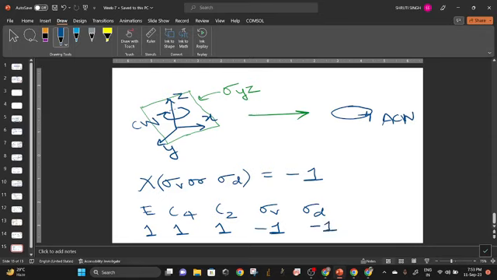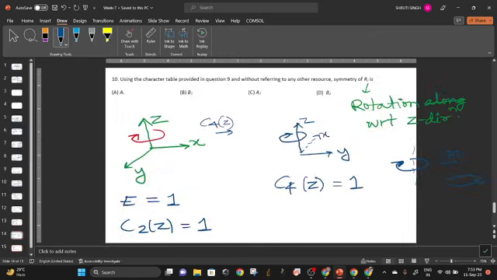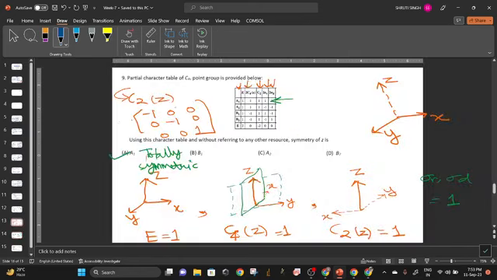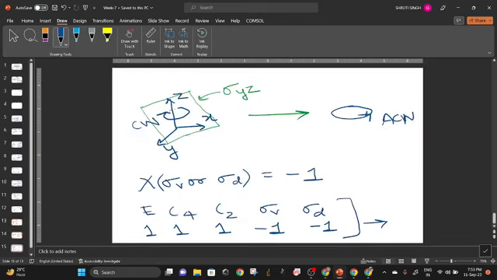For the z-axis, it was all 1, totally symmetric. But in this case, with respect to planes, it is anti-symmetric. So what is this representation? Let's see in the character table. This is the second representation, 1, 1, 1, -1, -1, which is A2. So the rotation belongs to the A2 irreducible representation.